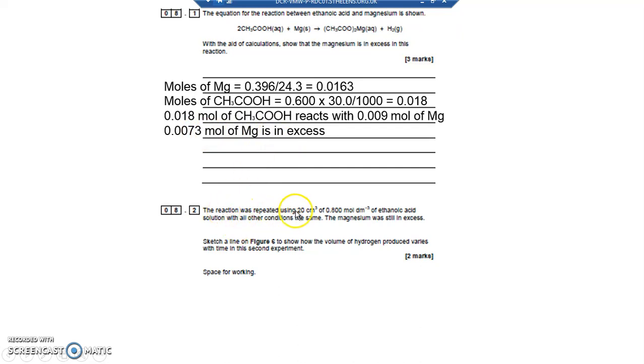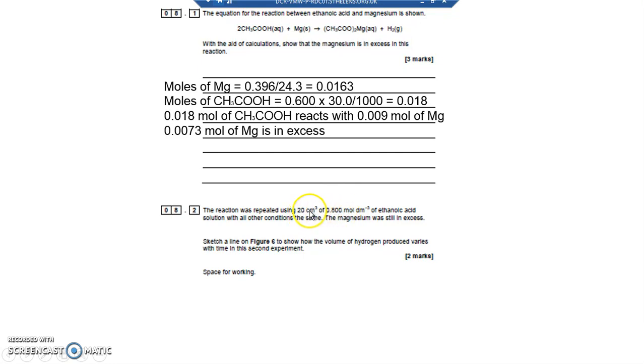What's my next thing here? So I've got 20 centimeter cubed of 0.8 moles decimeter cubed of ethanoic acid. I've got a new volume and concentration of ethanoic acid. Why on earth would they give me volume and concentration? Again, concentration is moles divided by volume, so moles is concentration multiplied by volume.